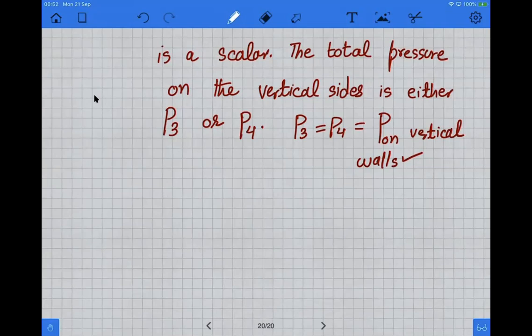When we go for the forces on the vertical walls, there are two things which are important.